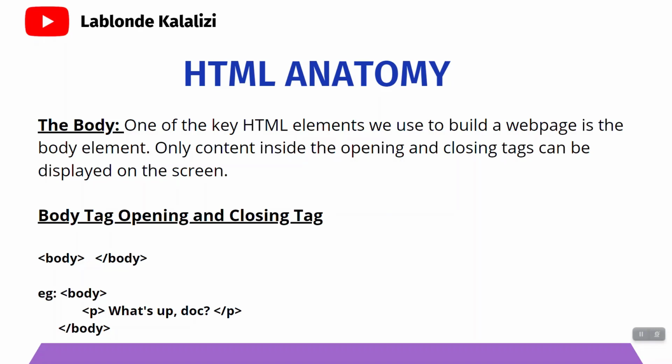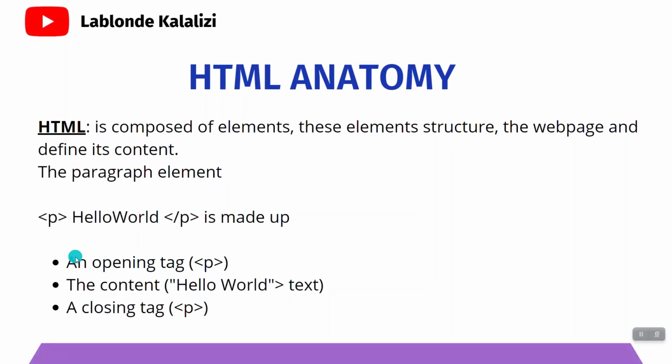What I mean is, when you create a body tag, every content that you place inside the opening and the closing tag of the body is the content that is going to display on your website. For the body tag, you put the less than sign, body in the middle, and then the greater than sign.